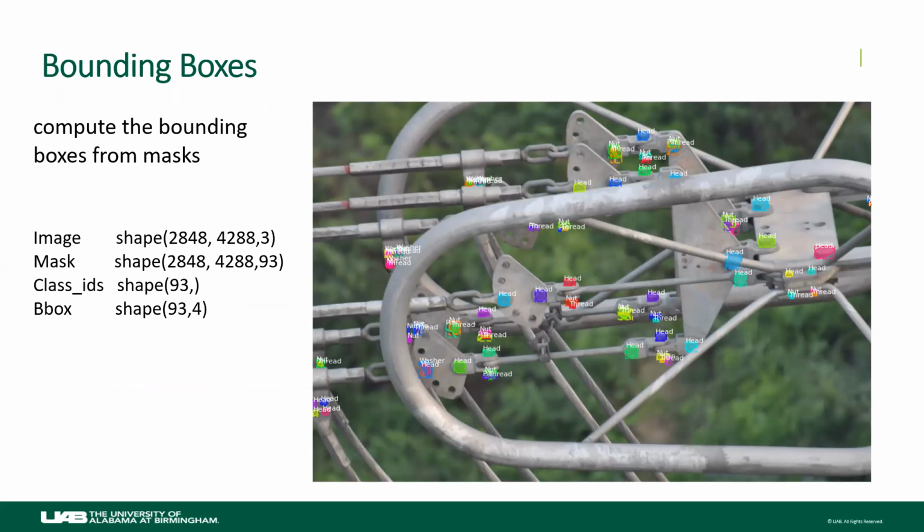We didn't use the boxes from the original data set. We computed new boxes from the mask. This makes it easier to handle the boxes, and easier to resize or rotate.